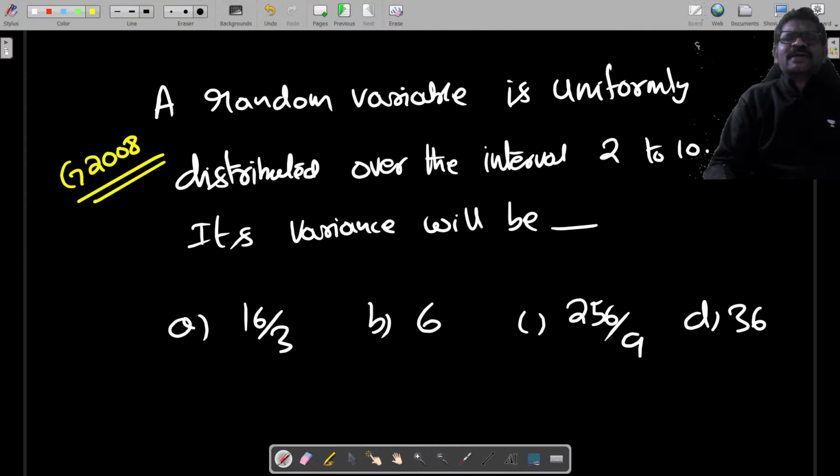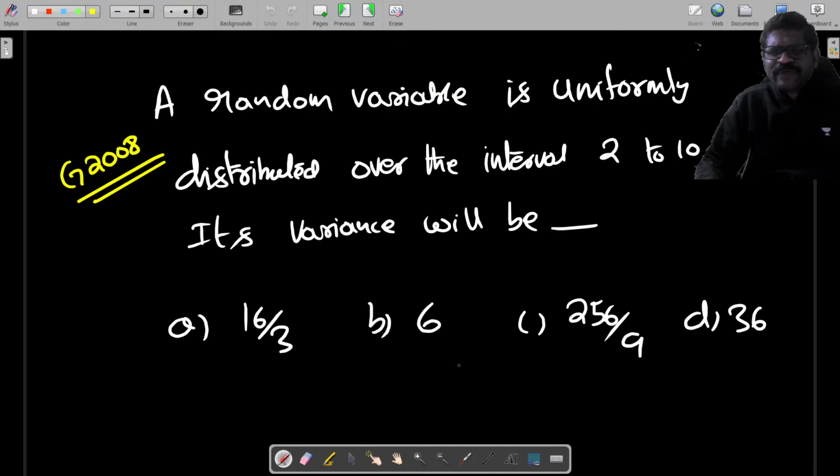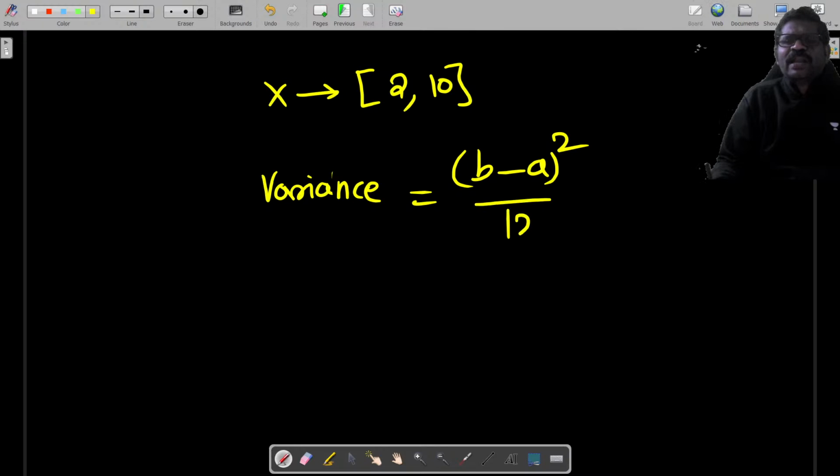It is a problem designed on a simple formula. If x follows uniform distribution in the interval 2 to 10, then the variance is given by (b minus a) whole square by 12.